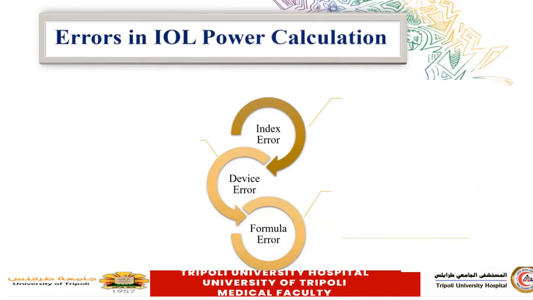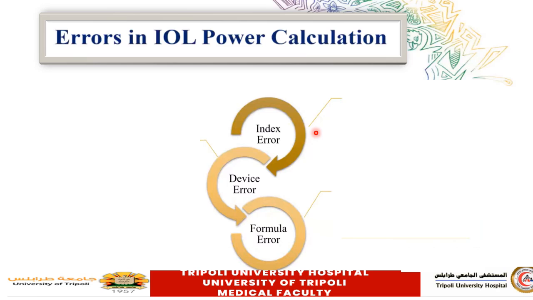Now, by understanding the basic principles behind LASIK and radial keratotomy and their effect on the anterior and posterior surface of the cornea, we should take this into consideration because it creates a source of error and a challenge in the accurate calculation of the IOL power. For example, the refractive index of the cornea is no longer valid.